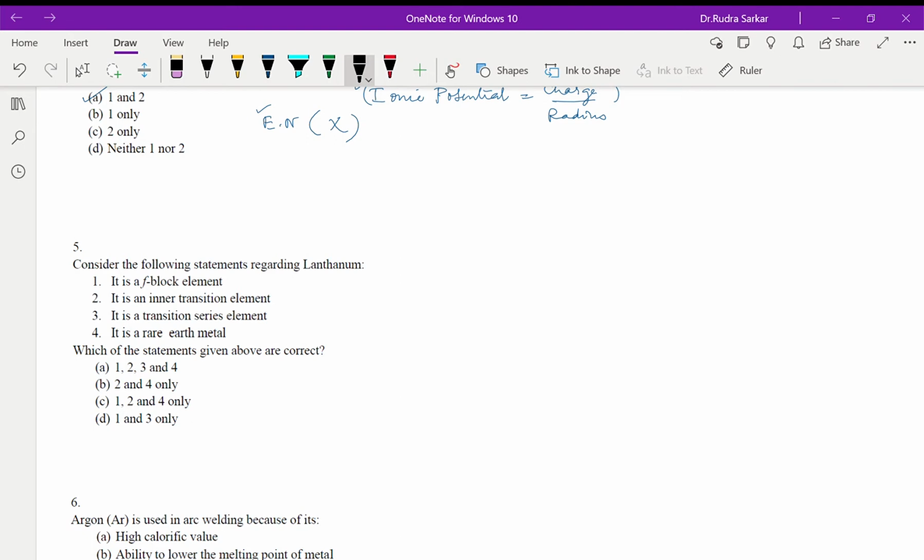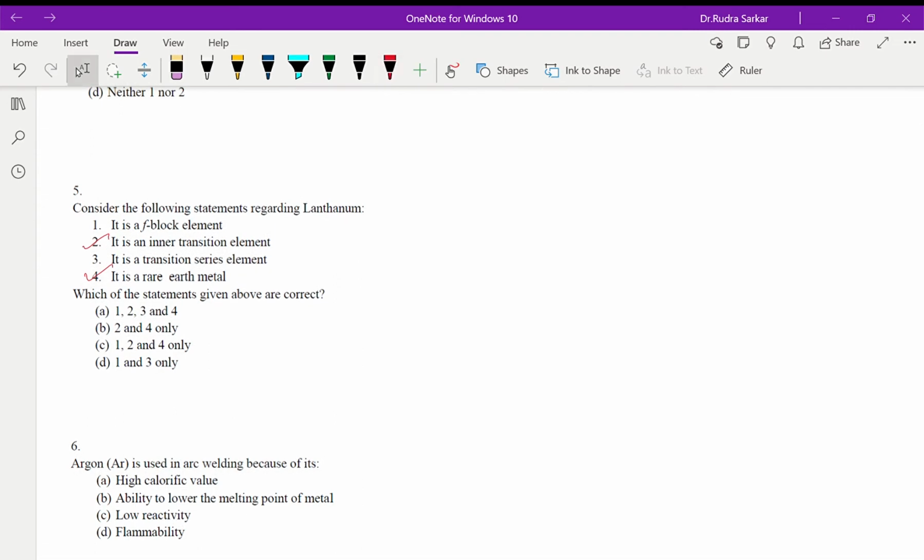There is no doubt about it that it is a rare earth element. Besides that, we will say it is also an inner transition element. So over here, once we check the options, it is going to be 2 and 4. That will be the correct answer.